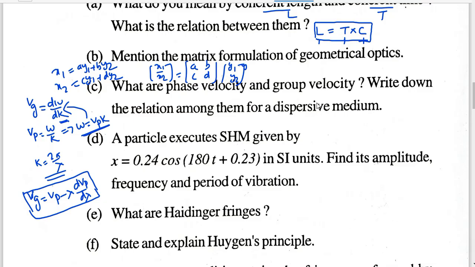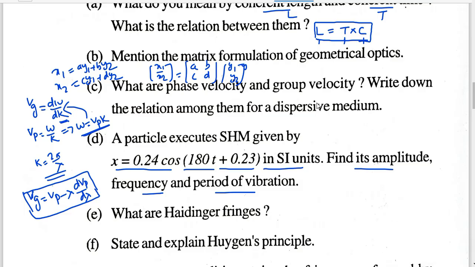Okay, next question D. A particle executes SHM given by x equal to 0.24 cos(180t + 0.23) in SI units. Find its amplitude, frequency, and period of vibration. So look at the equation.